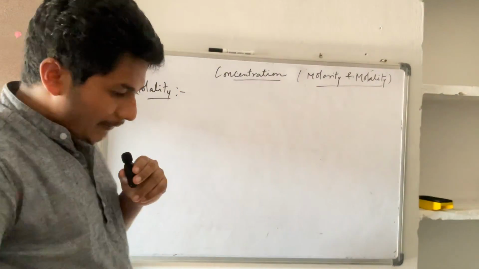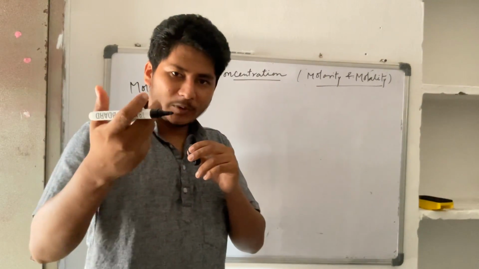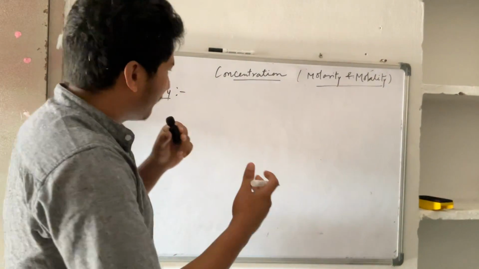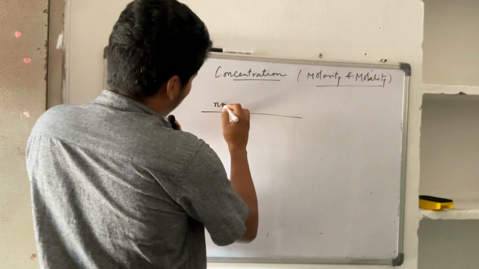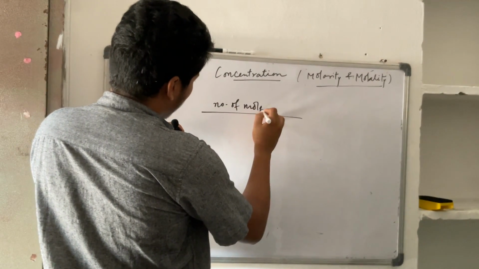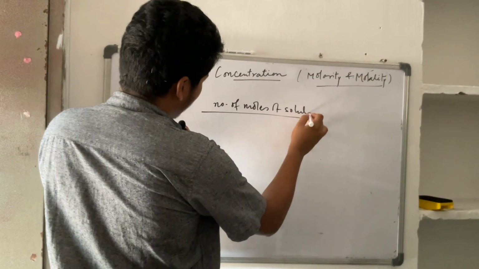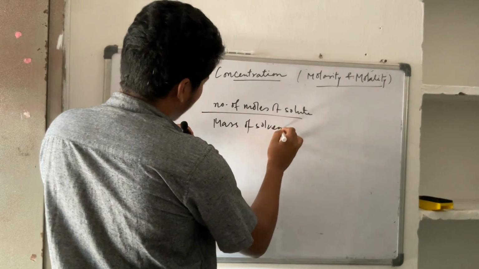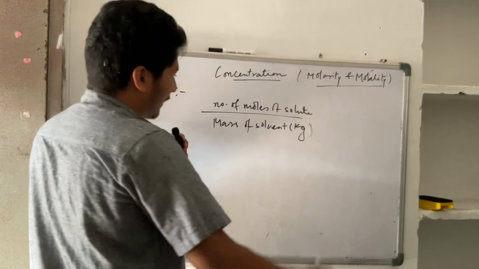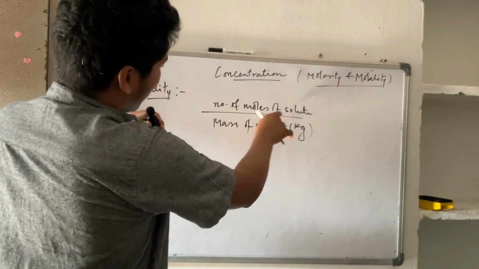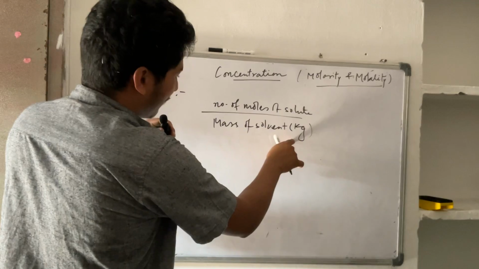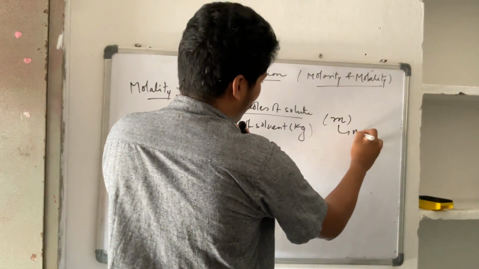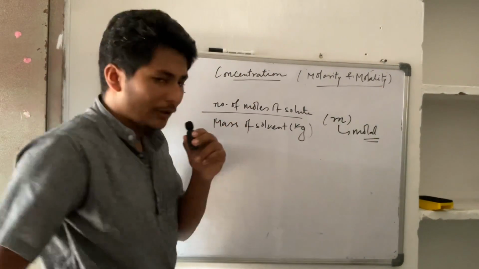Molality is expressed as follows: you calculate the number of moles of solute, the same way as in the case of molarity, and you divide by the mass of solvent in kg. This is expressed as a small m, which means molal.